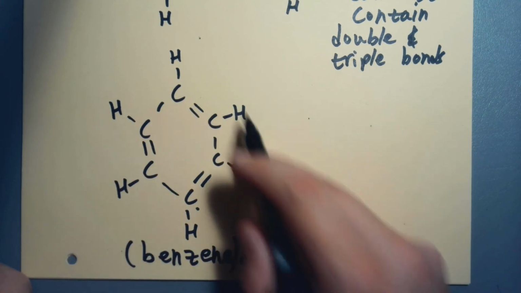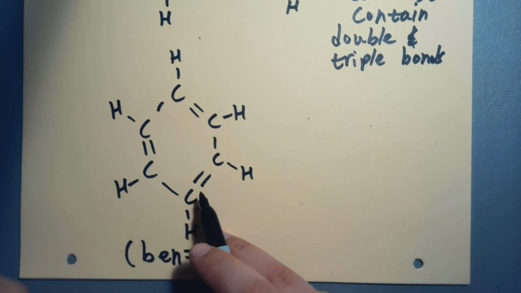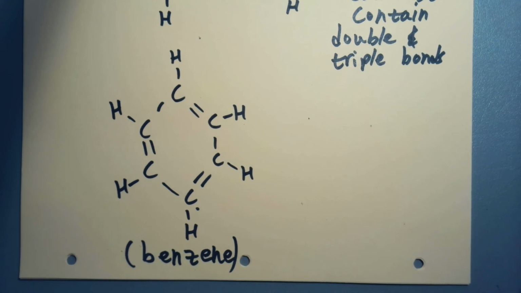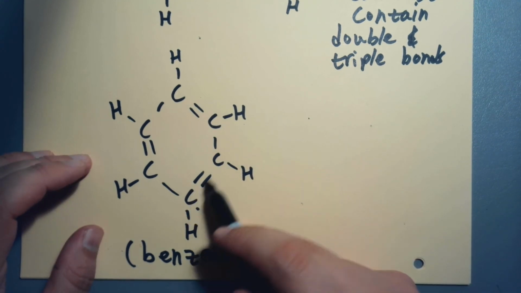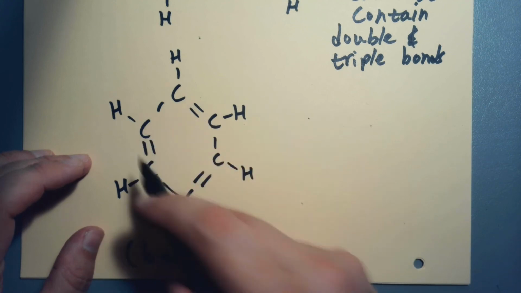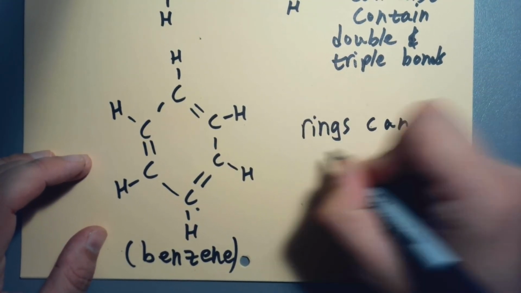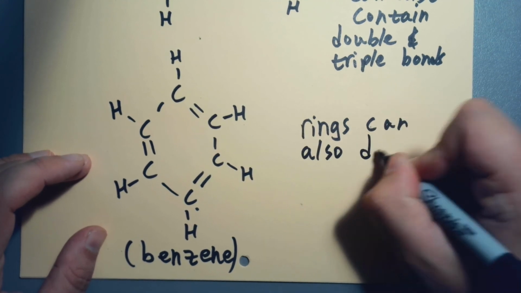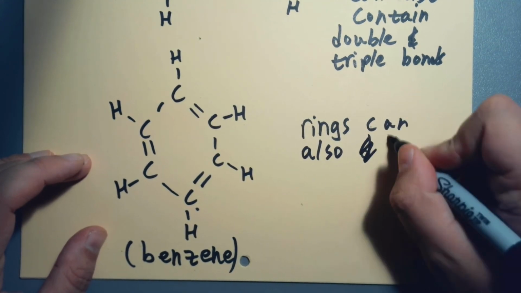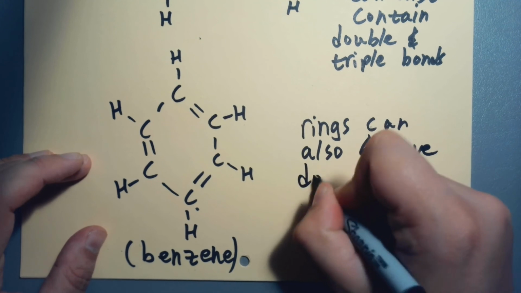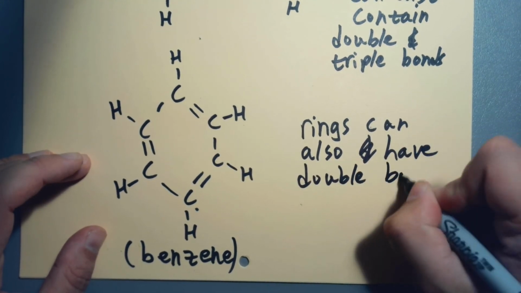So, really, I always get off on a tangent on benzene. It's a very interesting molecule. But all I really want to show is just that rings can also have double bonds. All right.